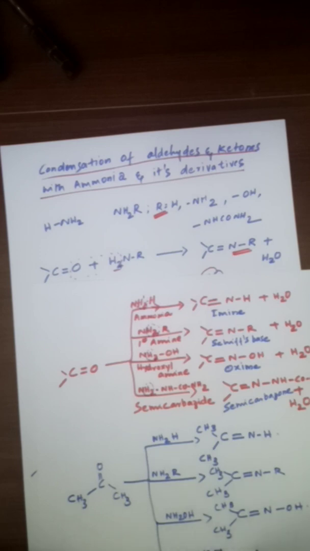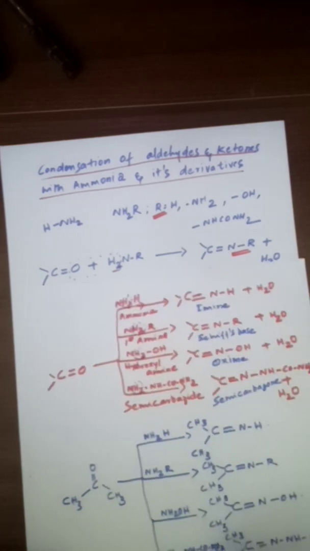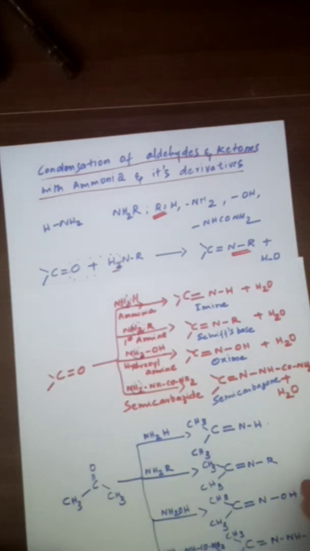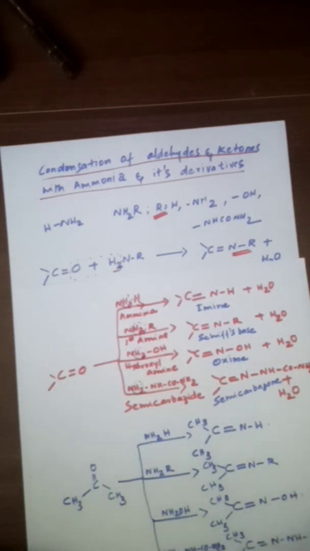So what will be the product? Double bond, here it is CH3, here it will be CH3, double bond N, NH, CO, NH2. So this is acetone semicarbazone. Okay, so depending upon the nature of the derivative used, we will be getting the respective products.